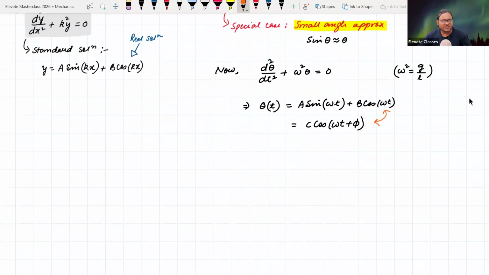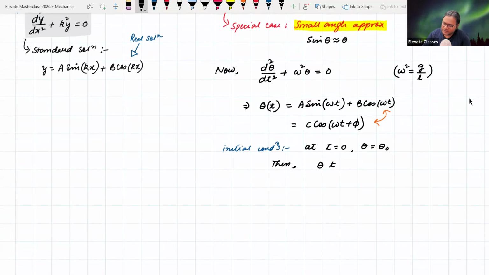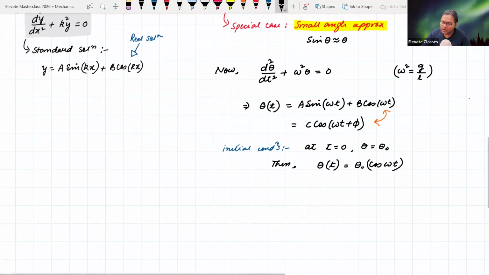So if I take initial conditions, for example, that initially at time t is equal to 0, theta is equal to theta naught, then your particular solution is going to be theta t is equal to theta naught cos omega t.